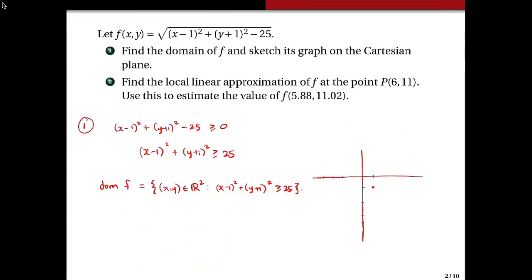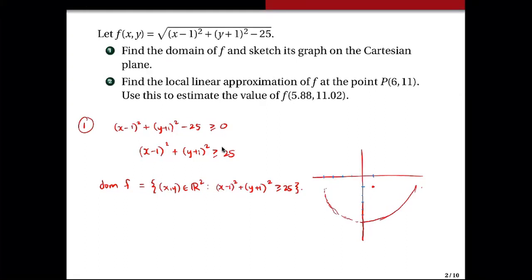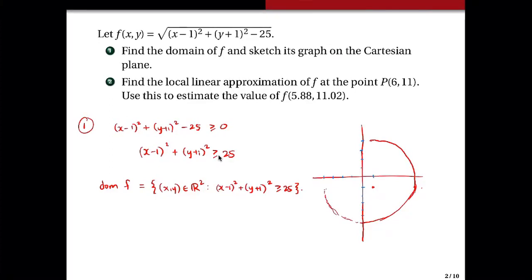So we have something like this. Okay. Then let's just estimate this. And this is solid because we also want the equality. So 1, 2, 3, 4. So you have something like here.